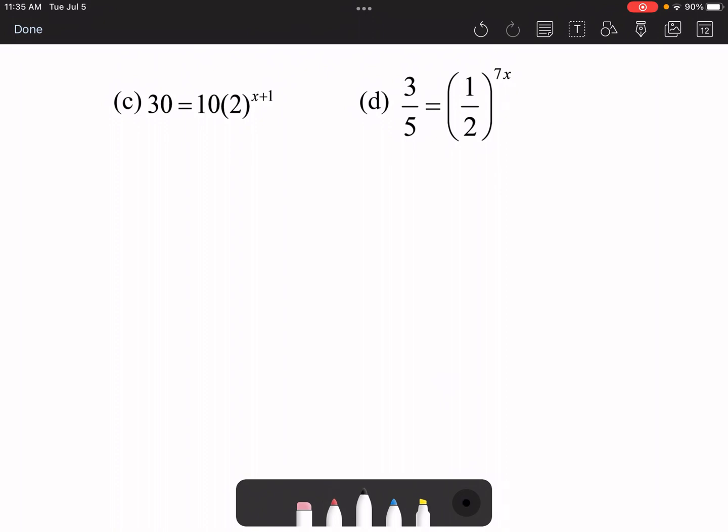Well, for this next one, best to actually get rid of this 10 first. So to get rid of the 10, we divide both sides by 10, to get this.